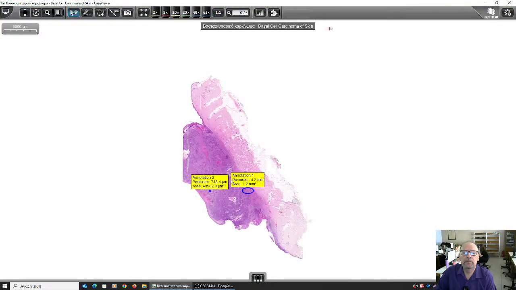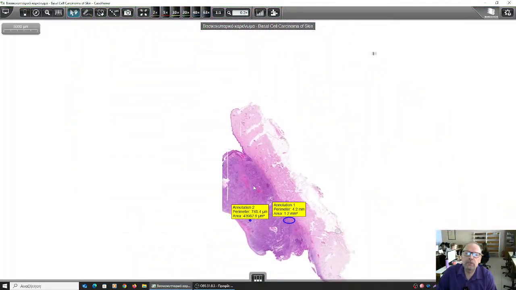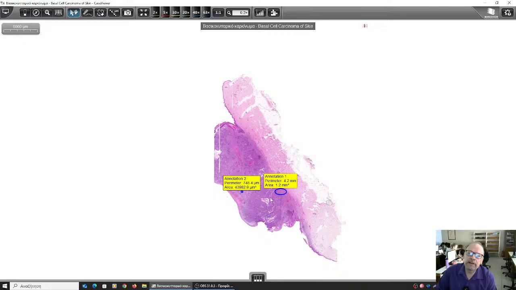Let's try this one. This is quite different. However, in this magnification, it appears to have an exophytic pattern. When we see an exophytic lesion of the skin, it is not always benign. It can have an endophytic component and an invasive component sometimes.